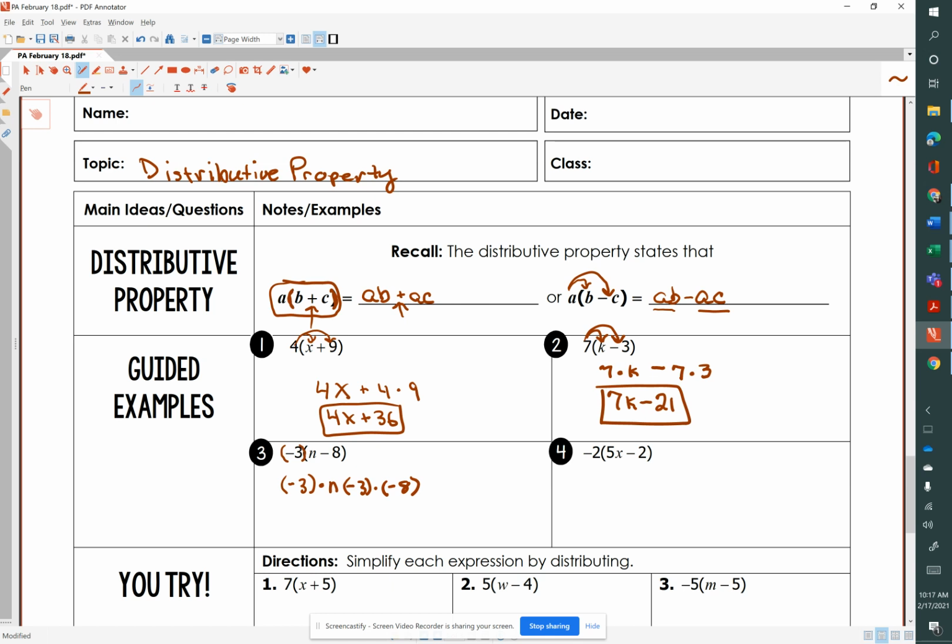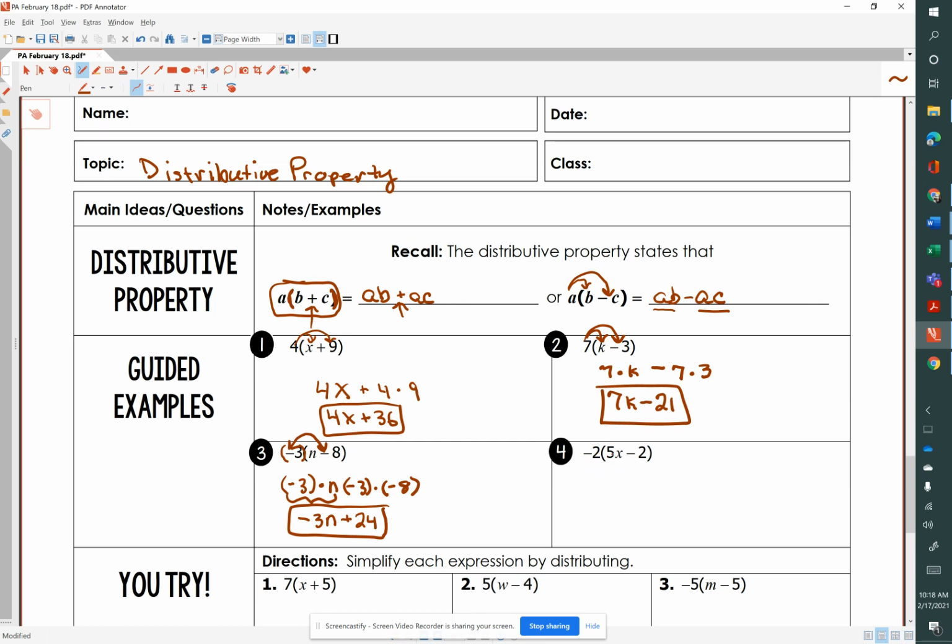Okay, so we have negative 3 times n will be negative 3n. Negative 3 times negative 8 is positive 24. So the final answer here is negative 3n plus 24, because we multiplied a negative times a negative to get that positive. Let's try that again with number 4.